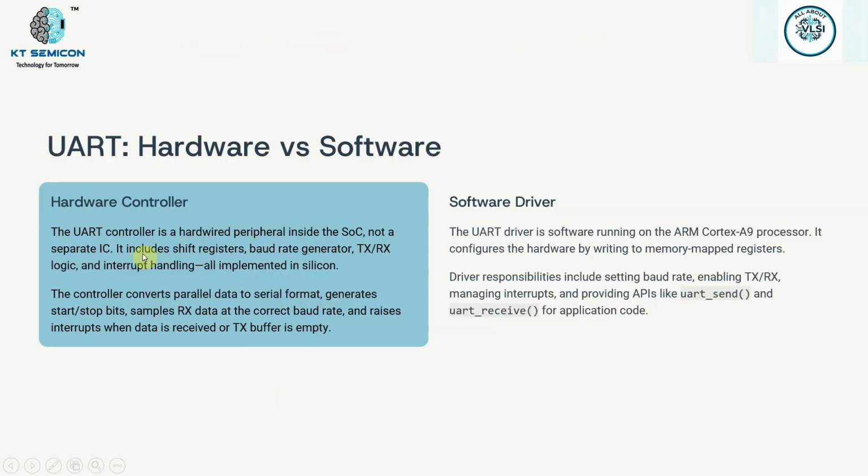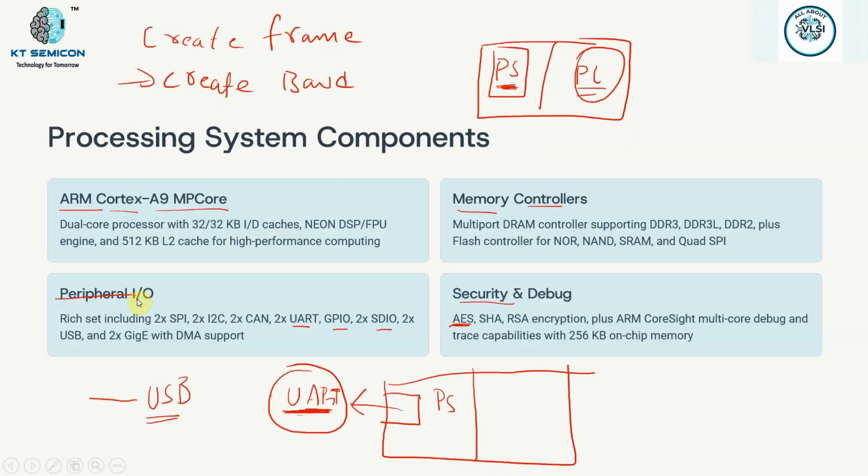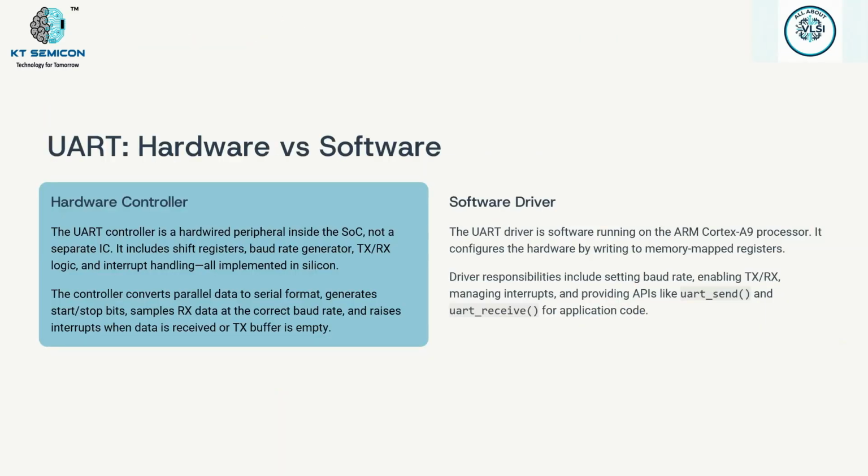It includes the shift registers, baud rate generator, TX and RX logic, and interrupt handling, all implemented in the silicon itself. The job of the controller is to convert the parallel data to serial format, generate start and stop bits, sample RX data at the correct baud rate, and raise interrupts when the data is delivered or the TX buffer is empty.